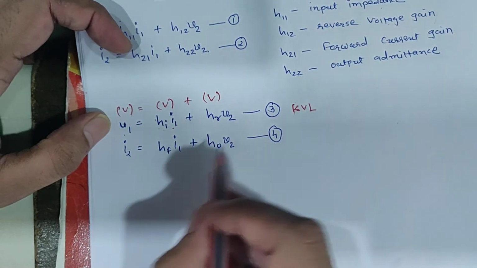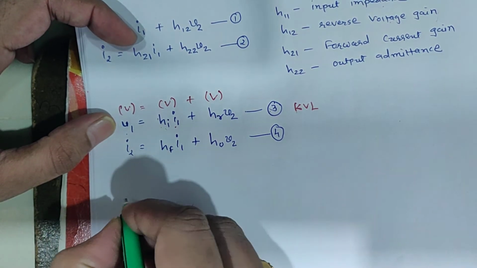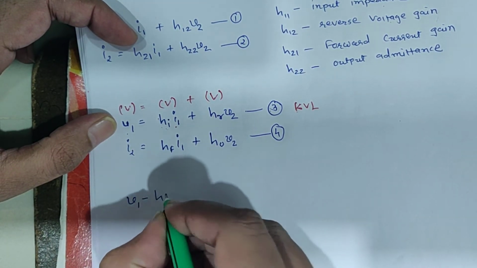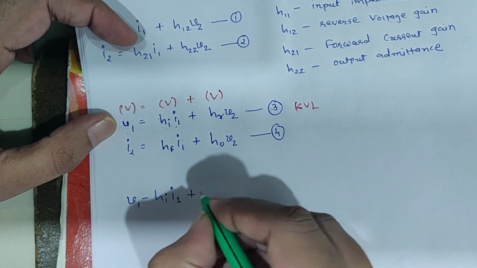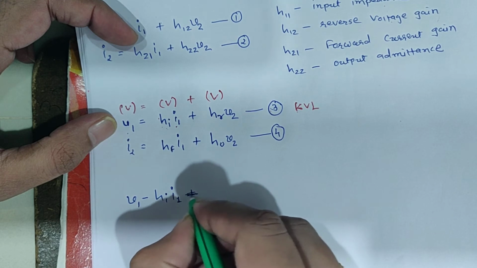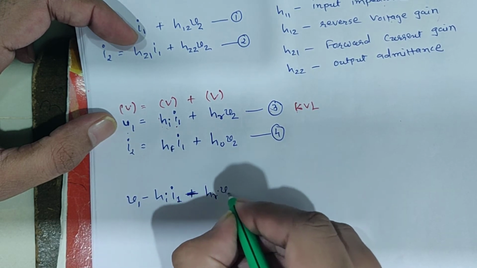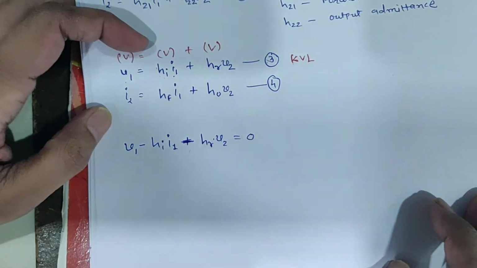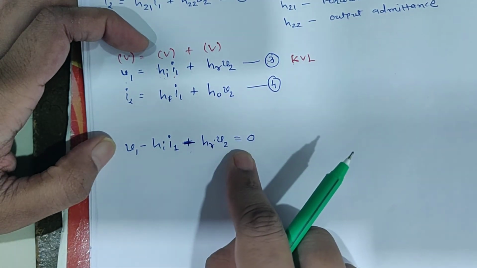If this is the KVL equation, we will rewrite it as V1 minus HI into I1 minus HR into V2 equals 0. Now we will draw the circuit for this KVL equation.